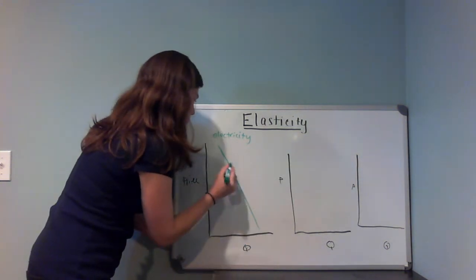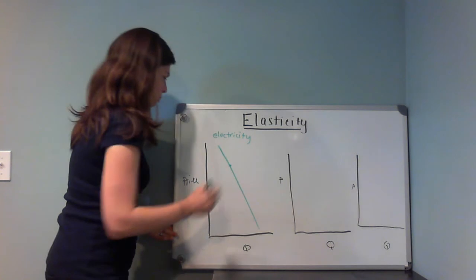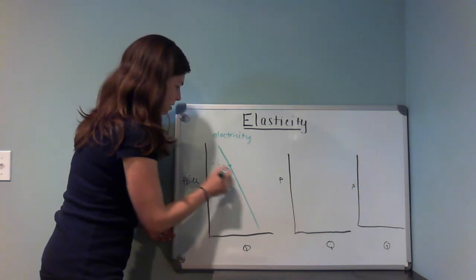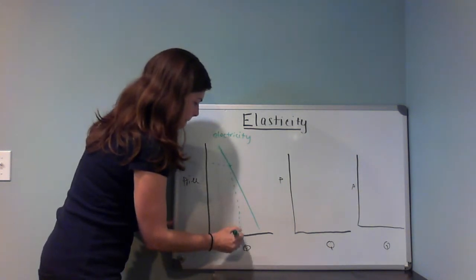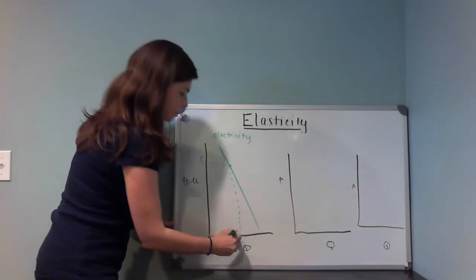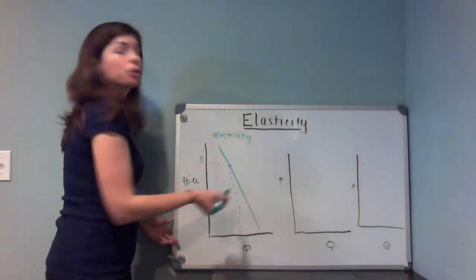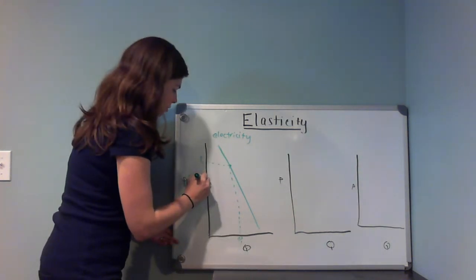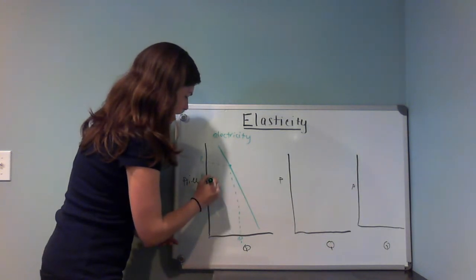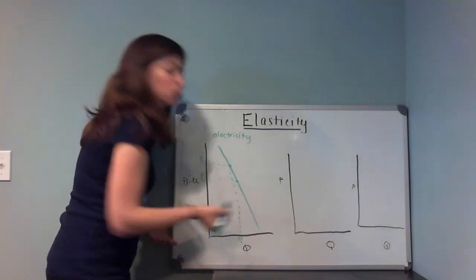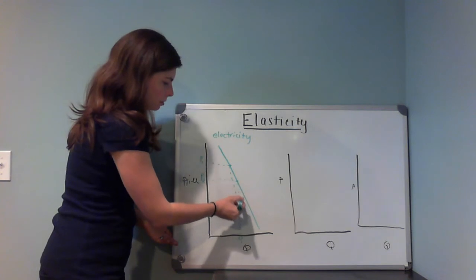If the price, let's say we start here, that's where the price is. So we have our price where we're starting, we have our quantity where we're starting. If the price were to go down to P2, you'll notice that people don't consume that much more.